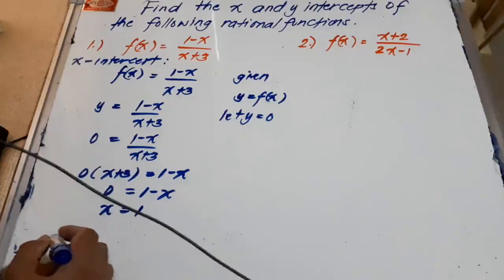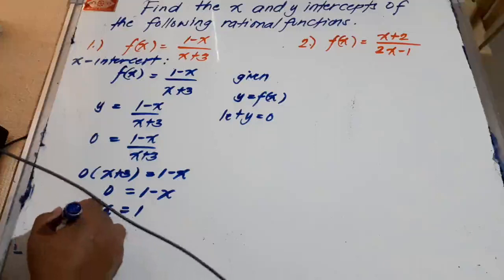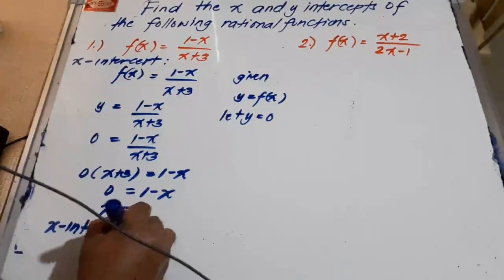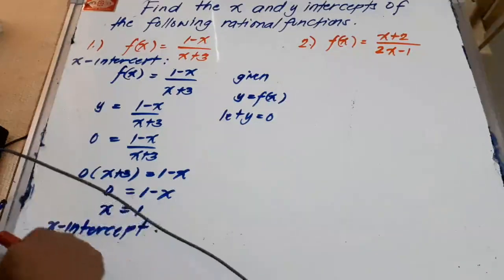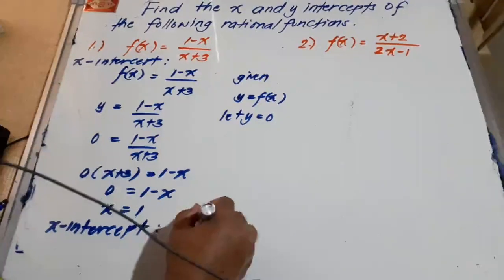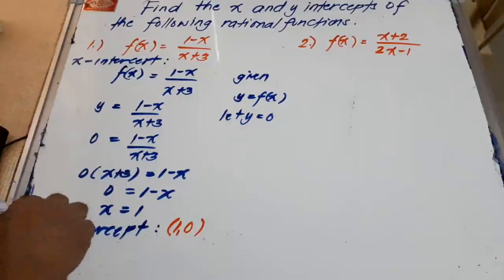So ang ating x-intercept is located at (1, 0). So nakuha na natin yung x-intercept of the first function.